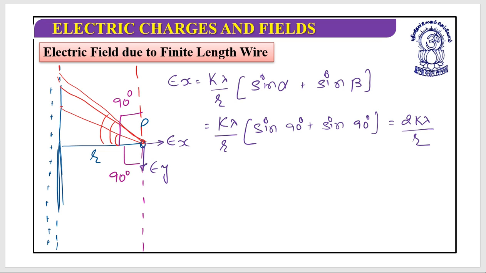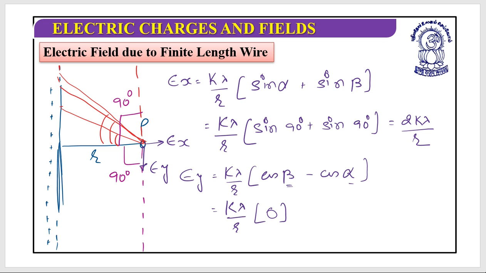This is Ex. When I talk about the Ey, it is k lambda by r into bracket cos beta minus cos alpha. This is cos 90 minus cos 90, which would be 0.